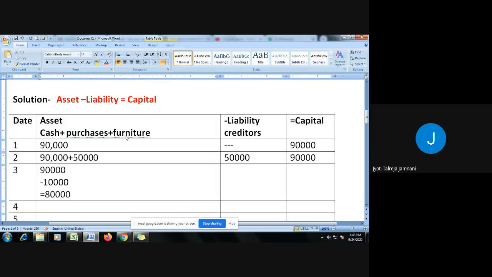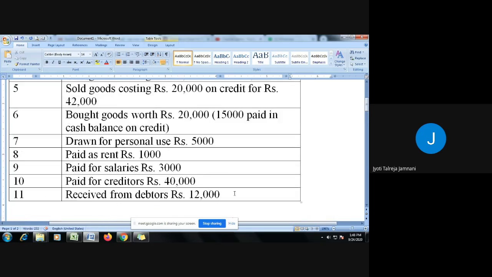So now your cash is 80,000 plus you have goods of 50,000 plus we added a new one called furniture which is of 10,000. Okay, and we have paid cash for it, so we don't have any new liability. We have only a single liability of 50,000 which is creditors, which was from the earlier transaction. So now our assets are 90,000 plus 50,000 is 1,40,000 minus liability 50,000. So our capital is still 90,000.